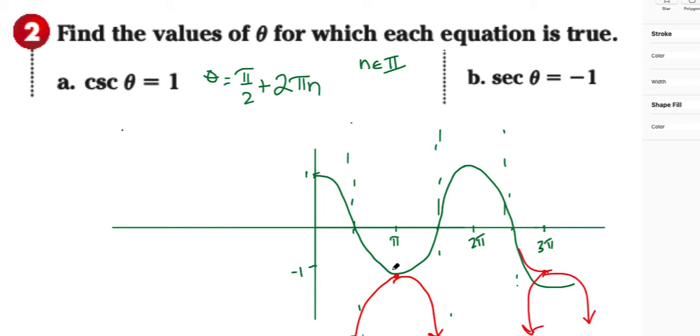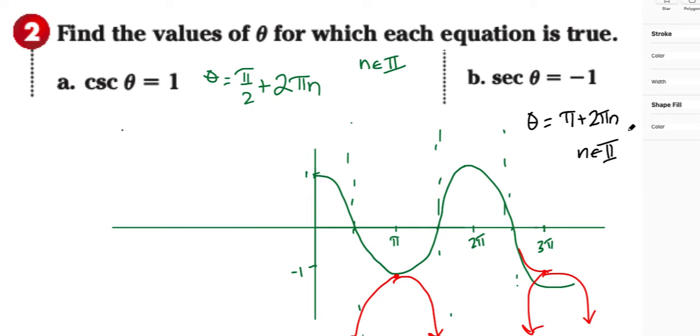I know it's terrible. Stay with me anyway. So we see that it's going to be at multiples of pi, but not at all multiples of pi, but at odd multiples of pi. So the answer is going to give us, let me write this like I want you to see it. Theta is equal to pi plus 2 pi n, where n is an element of the integers.